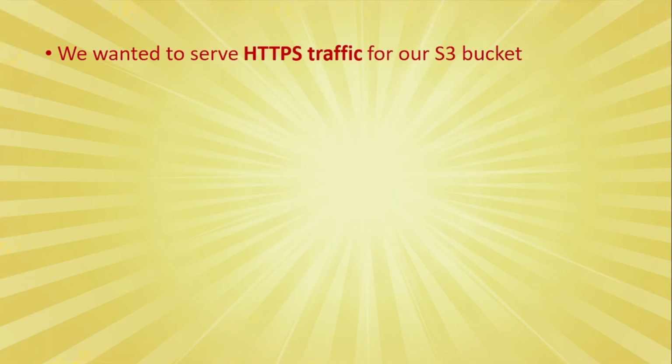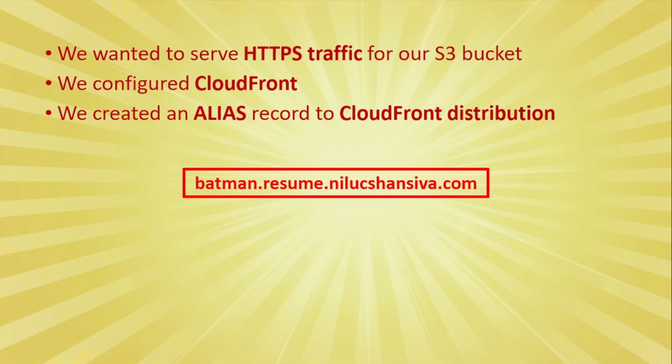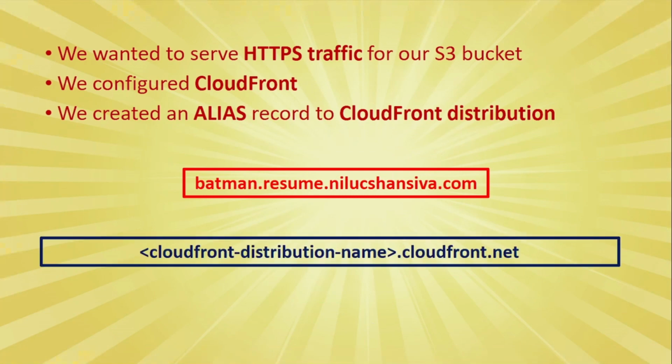In part 3 of this hands-on series, we wanted to serve HTTPS traffic for our S3 bucket. We configured CloudFront. We created an alias record to the CloudFront distribution. In our Route 53 console, we created an alias record which points our subdomain to a CloudFront distribution.